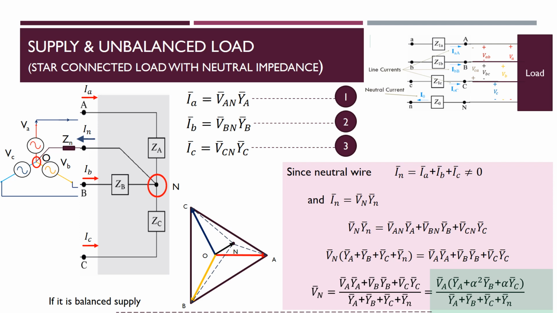Using that, you can have this equation, so this Yn term is added here. Let's say Zn is infinity, then Yn becomes 0, so this Yn disappears. If it is a balanced supply, these terms come here. Similarly, the construction of this triangle and the neutral shift will also be there.